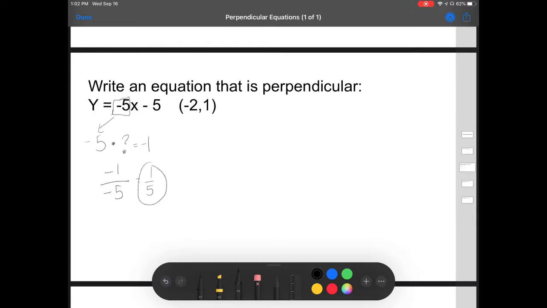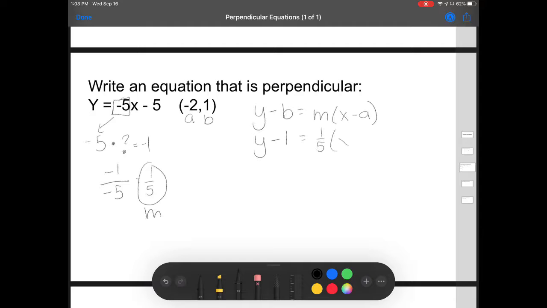So here, 1/5 will be our m value. And your point is still a and b, so that's the same. It's the same formula. The only difference is how you find m. To find m, do -1 divided by the slope they gave you, and that will be your new m. Alright, so we'll plug it in.